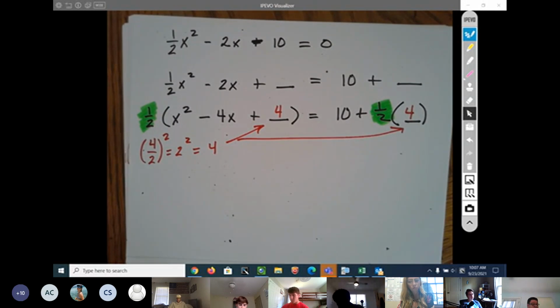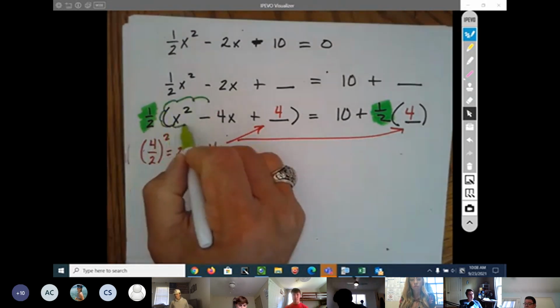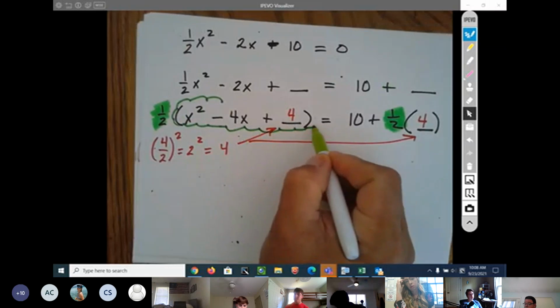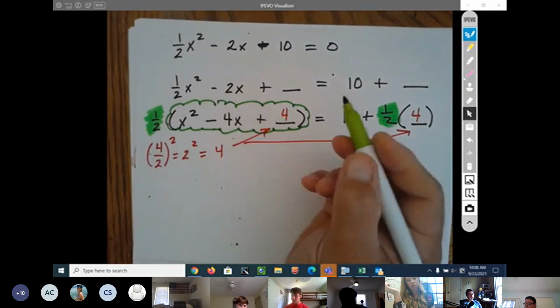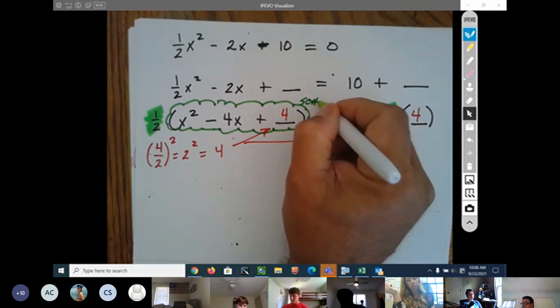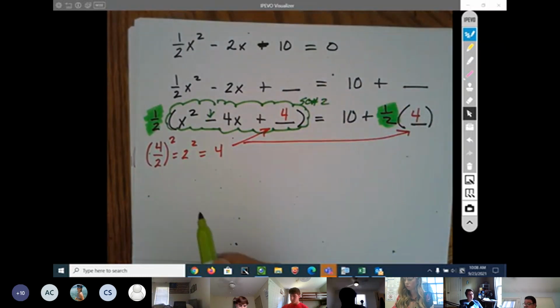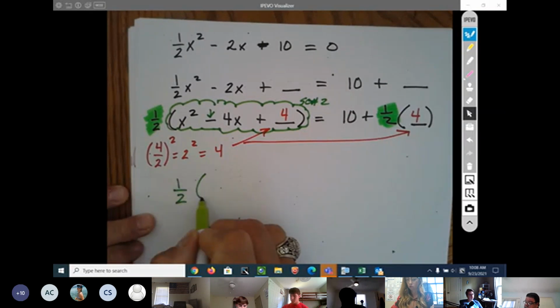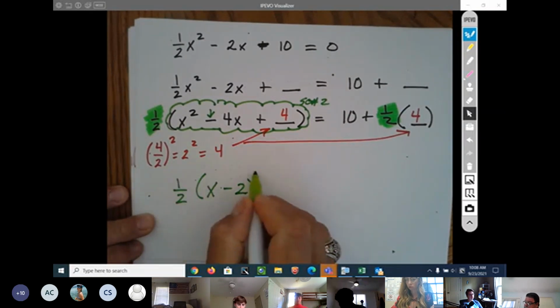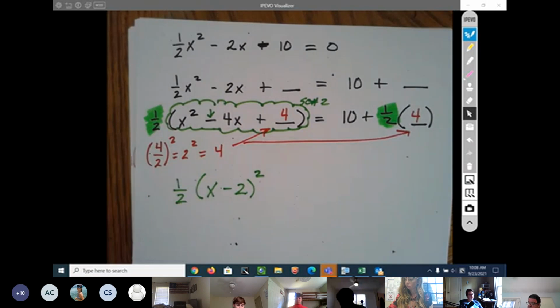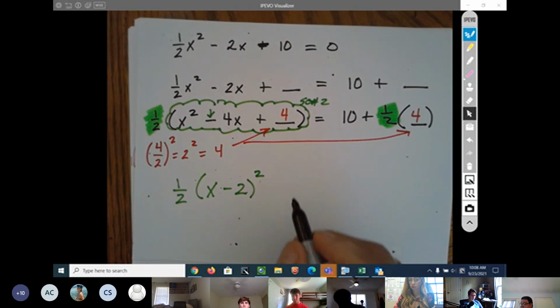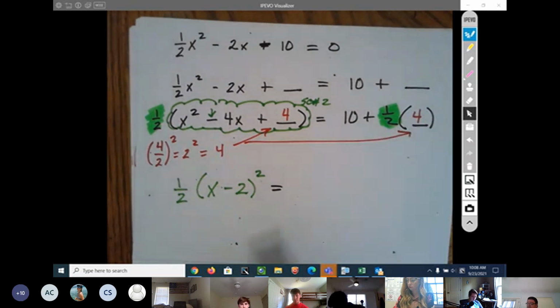And now this gives us shortcut number 2, based on that sign. So that's going to give us 1/2 times x minus 2 quantity squared equals, and I'm going to put the equals in black. This is not a big deal because what's half of 4, people?